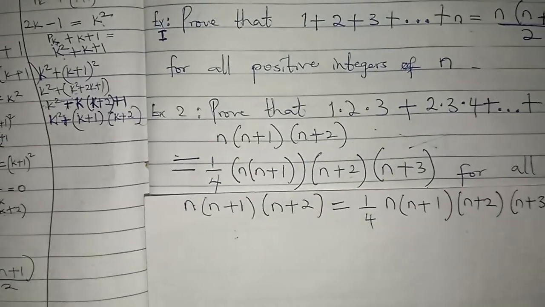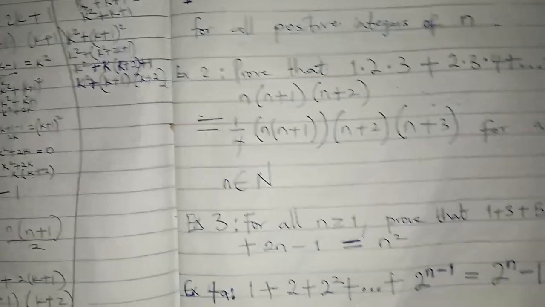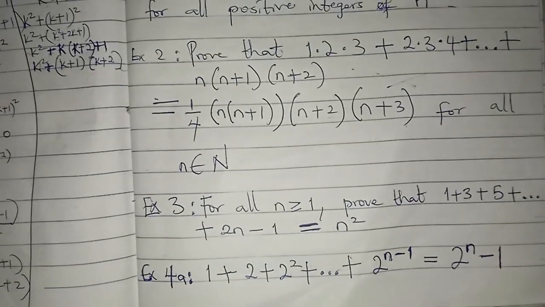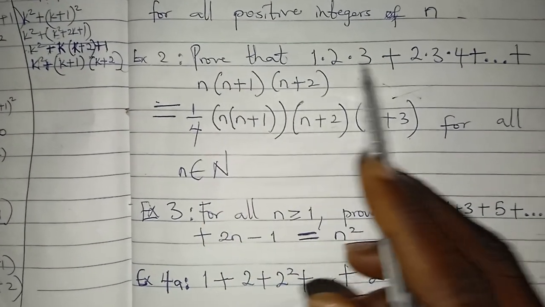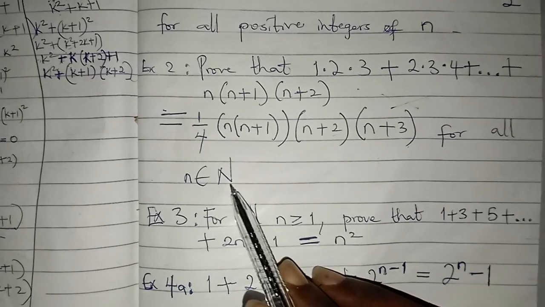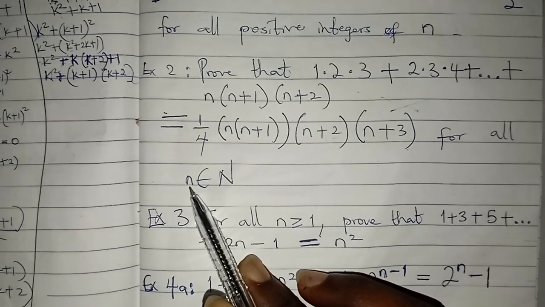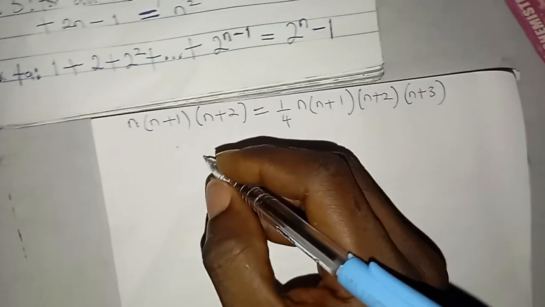I don't teach what I've not made thorough research on. So it will always work once you follow this principle. So this is question 2. We are proving that it holds for all n elements of natural number. So let's do it here.